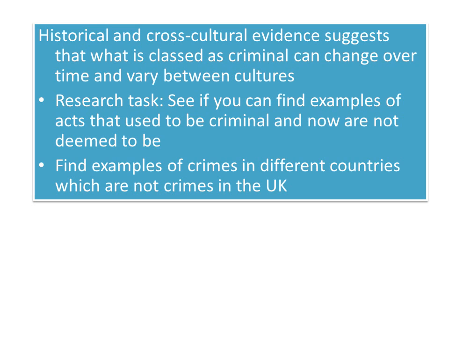And also cross-cultural evidence. So things that are crimes aren't crimes in every place across the world. So we've got different cultures that consider different acts to be crimes. So, historical and cross-cultural evidence suggests that what is classed as criminal can change over time and vary between cultures.